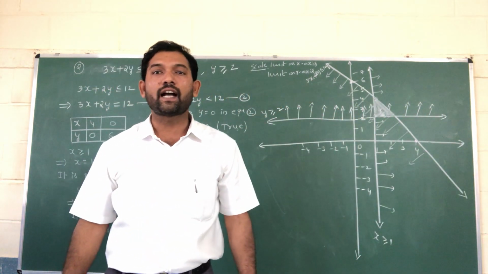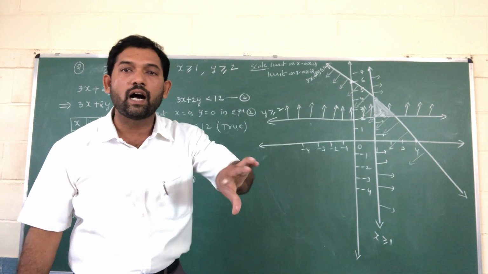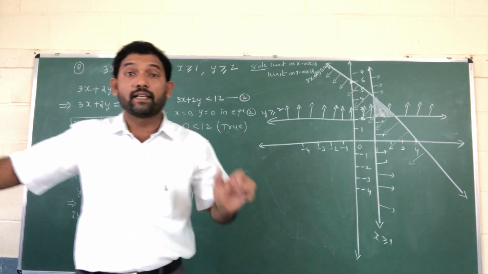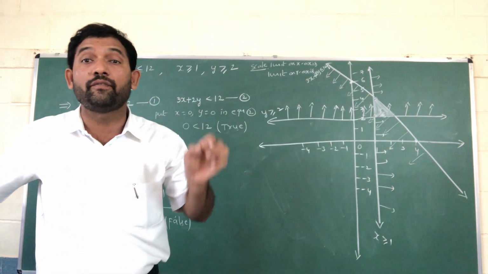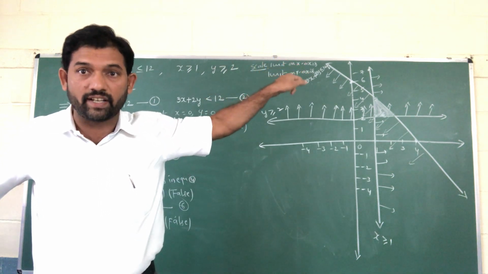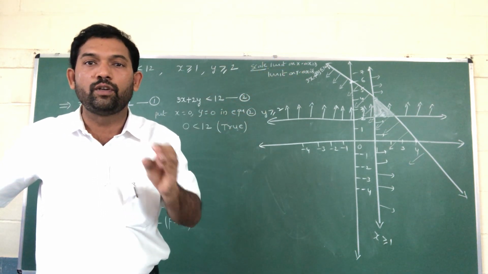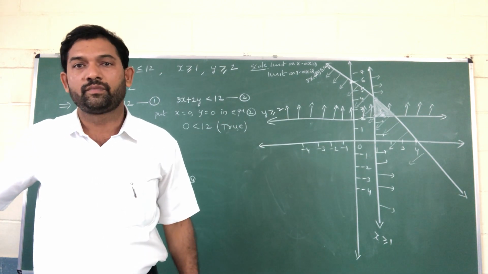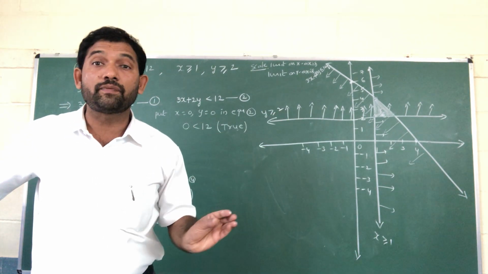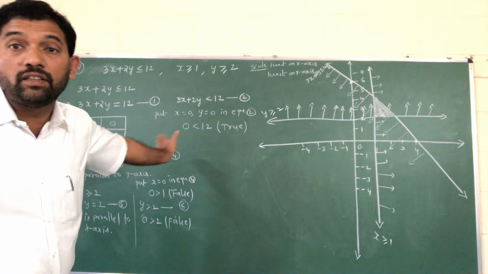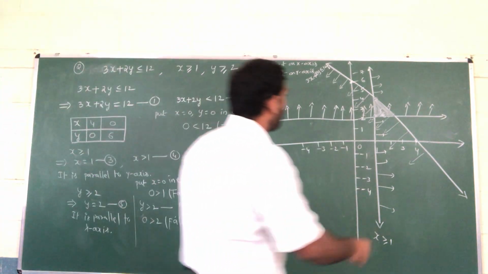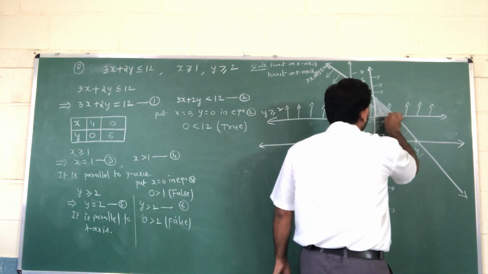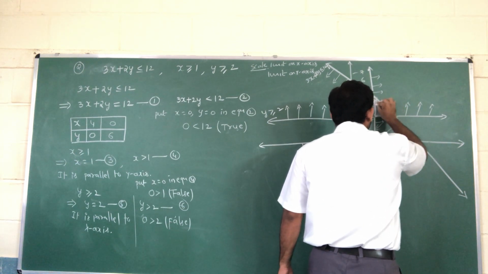That is our common solution for all the inequalities. Only those points in the region are satisfying all these inequalities. So that's why you have to shade here.